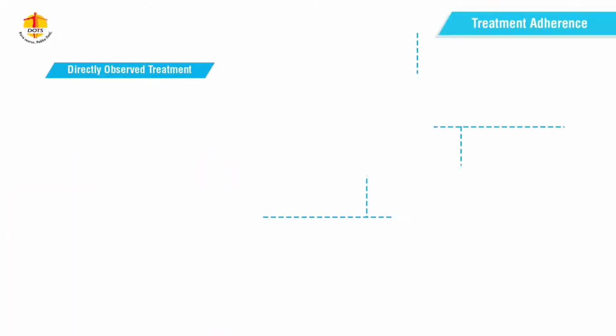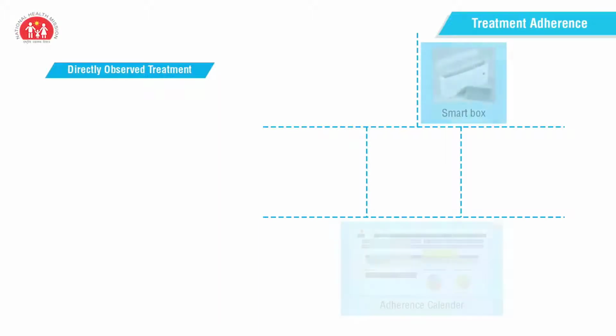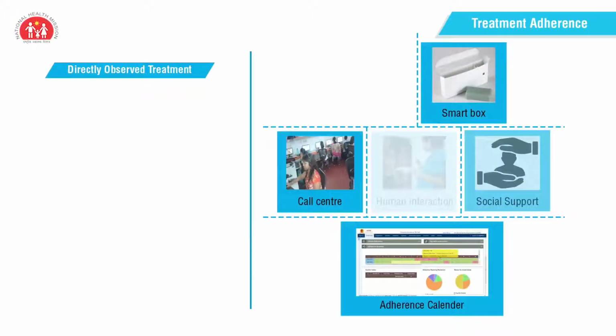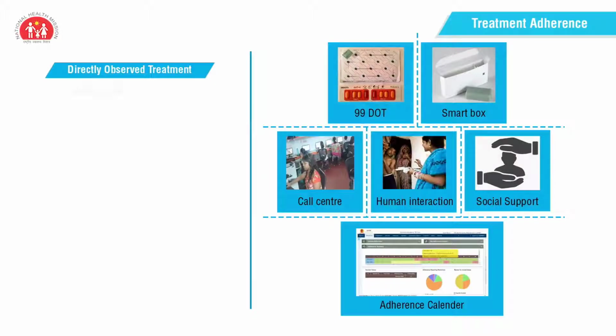When it comes to treatment adherence, the age-old system of decade-long experience of using direct observation of treatment as a principle still holds true, and this can be extended by any healthcare facility staff, or through a community treatment support system, or very recently the Government of India has taken this conscious decision to respect the family members and train them and give them the necessary capacity building to be able to perform the direct observation of treatment for the patient.